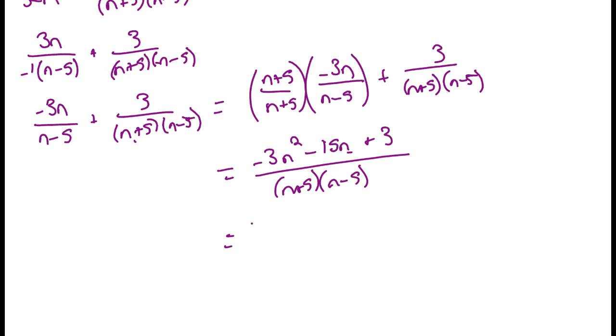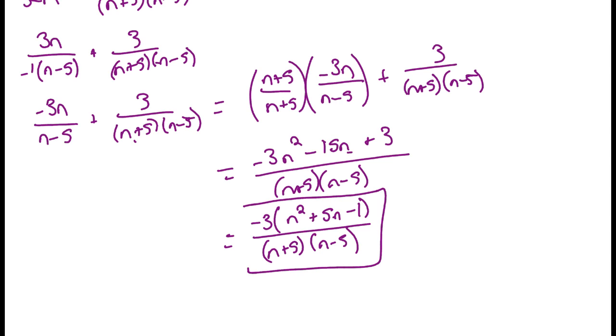But instead of just taking out a GCF of 3, I'm going to factor out a negative 3. And I'm left with n squared plus 5n minus 1, because maybe that numerator will factor. Do any numbers multiply to negative 1 that add to 5? I don't know any numbers that do that, so that numerator cannot be factored.